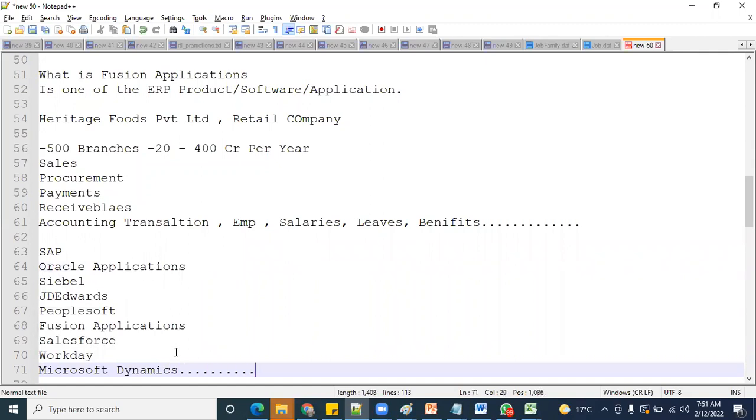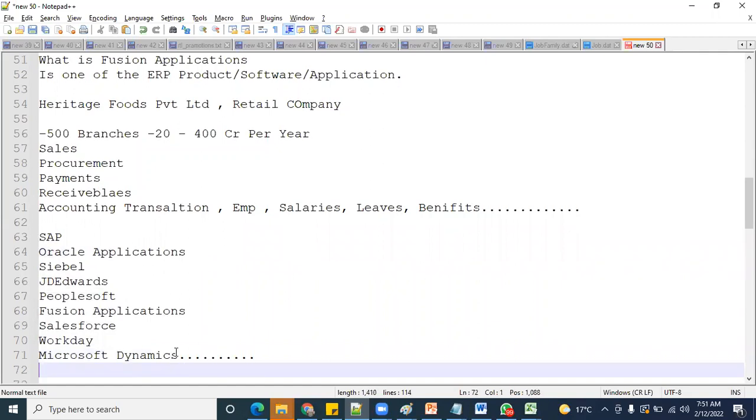These are all ERP software, these are all ERP applications. So it depends on the client. The client can buy any of these ERP products according to their requirement. They can get licensed software and start using the product.